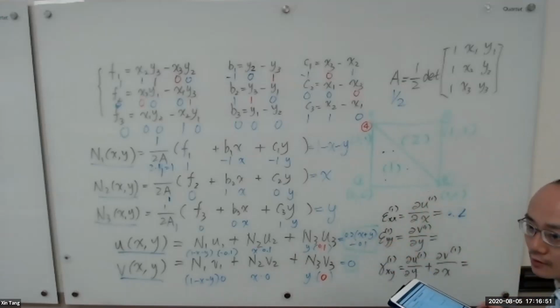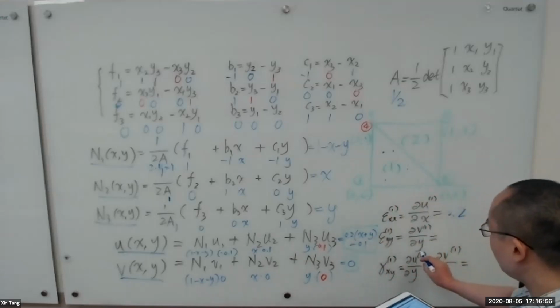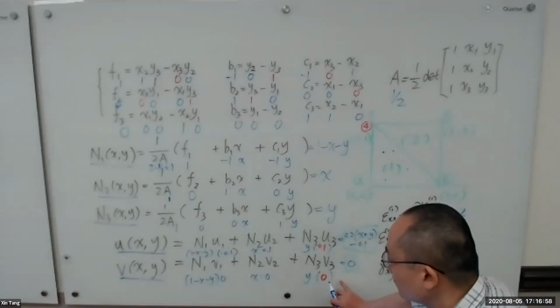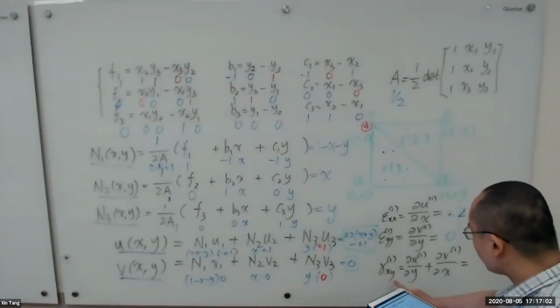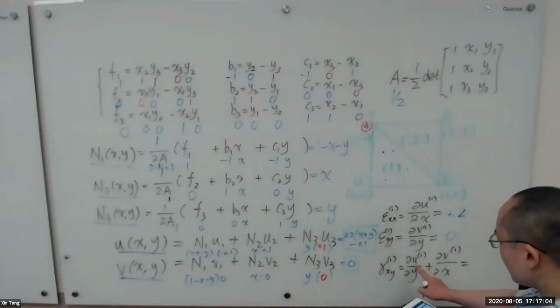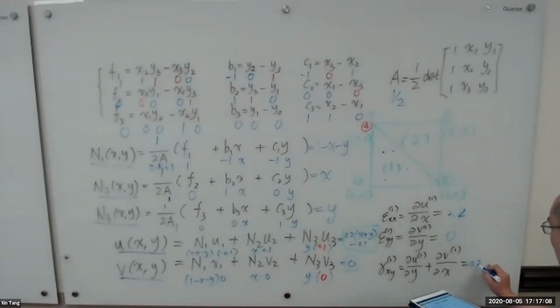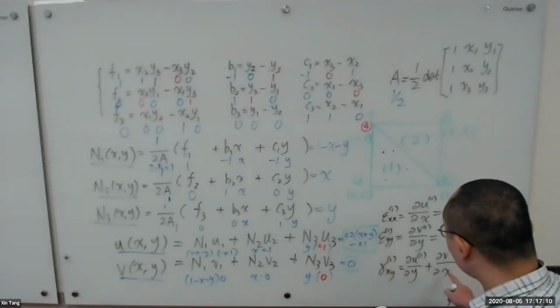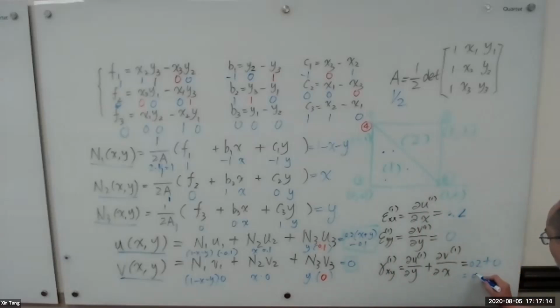Epsilon yy is the partial v, partial y. Partial v is 0 actually, so this equals 0. Gamma xy equals partial u, partial y plus partial v, partial x. Partial u, partial y equals 0.2, and partial v, partial x equals 0, so this also equals 0.2.